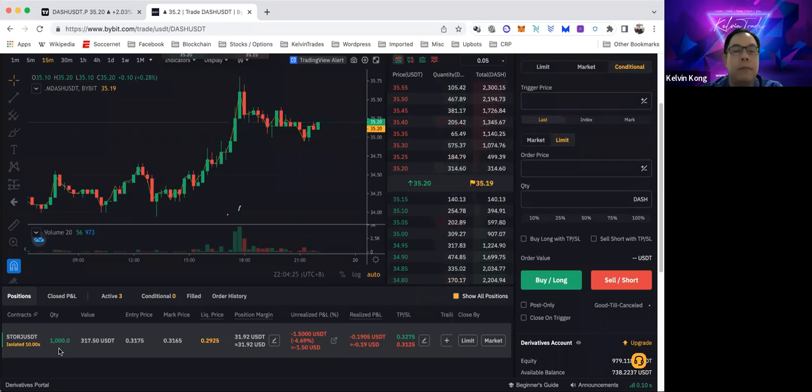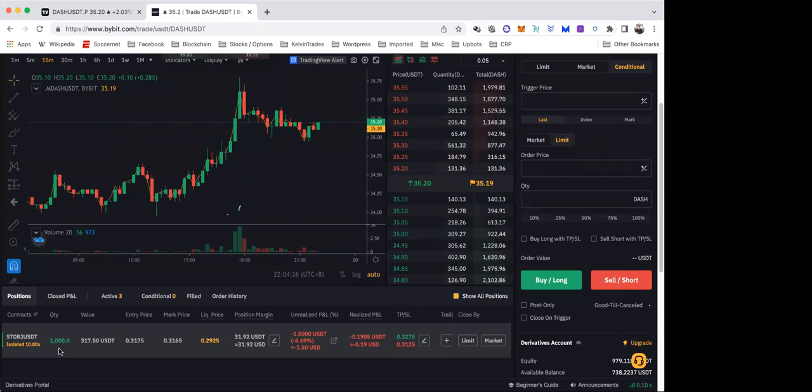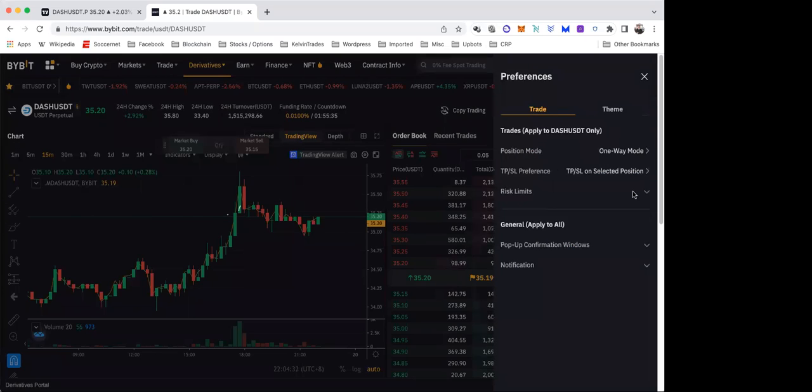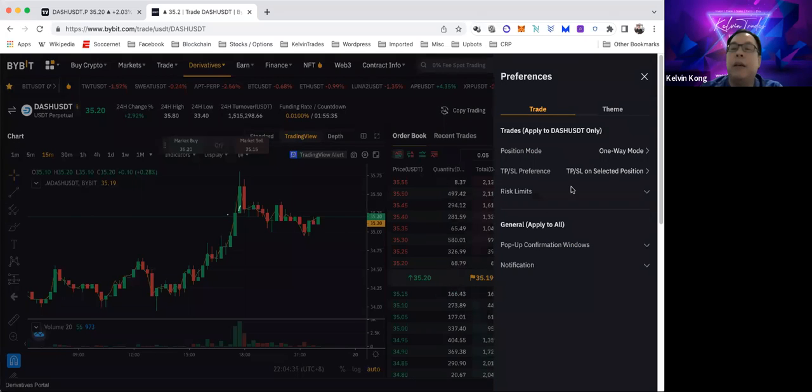So we need to change to selected position, but now you can't change already. So every time you need to change first, because once you enter the order and it is filled, you cannot change back anymore.